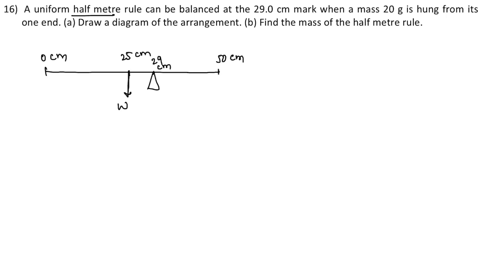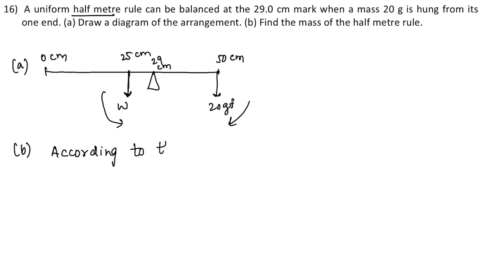So the weight of the half meter rule will generate an anti-clockwise torque, and to balance this rule, 20 gram must be suspended at the 50 centimeter mark, right? Then only it will generate a clockwise moment, and the half meter rule remains balanced or horizontal. So this is the required diagram, and to find the mass of the half meter rule, we can use the principle of moments.